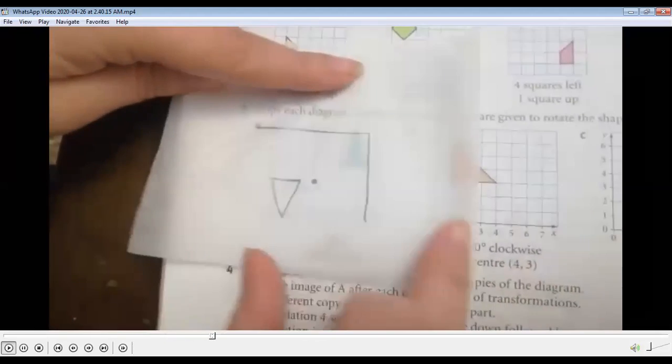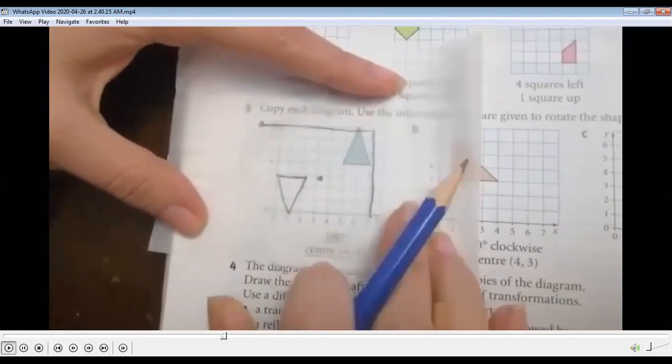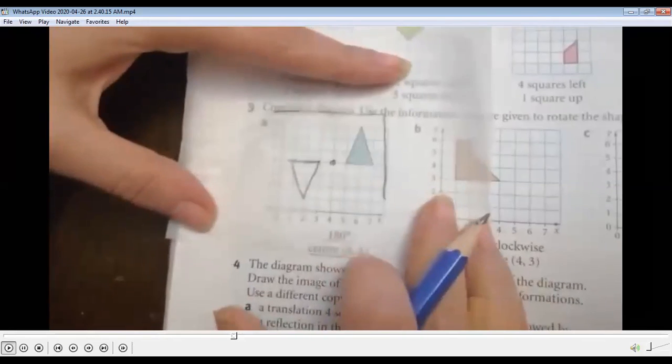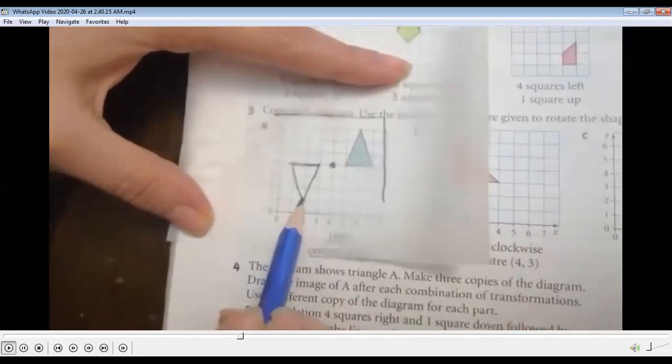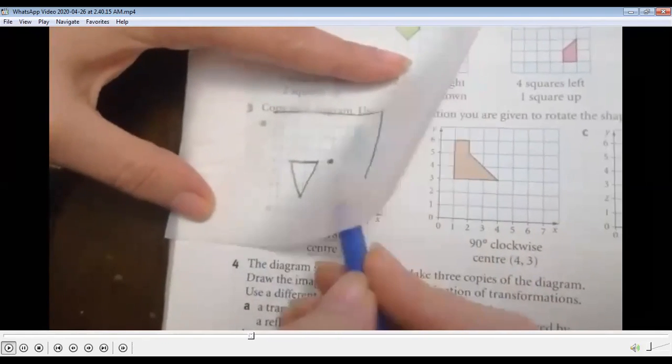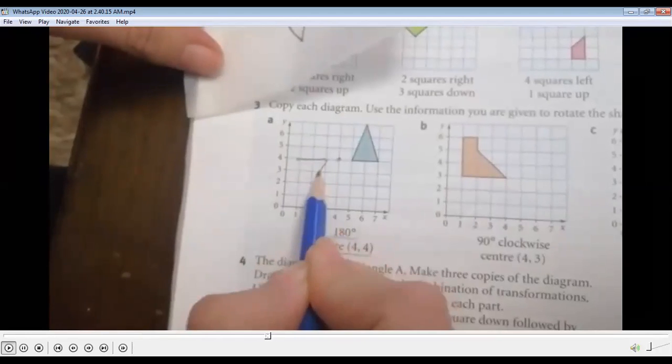You turn the paper twice. So this is 1, and we need another one, 2. Now when you turn the paper, you put the point back on the point. And do you see where your triangle is? Now the triangle on the tracing paper, you're going to copy it the same on your book or the notebook or the practice book. So that's going to be the rotation for this question.